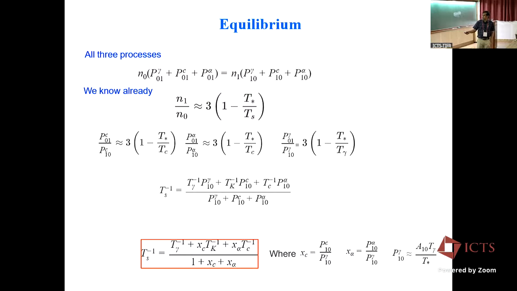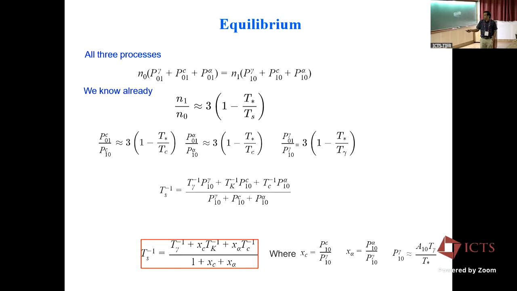So spin temperature inverse is this. So it depends on CMBR temperature, kinetic temperature of gas, and color temperature. And you also have this XC and X alpha, which are written as this. XC is the ratio of excitation and de-excitation rate due to the collision and gamma, same as X alpha.